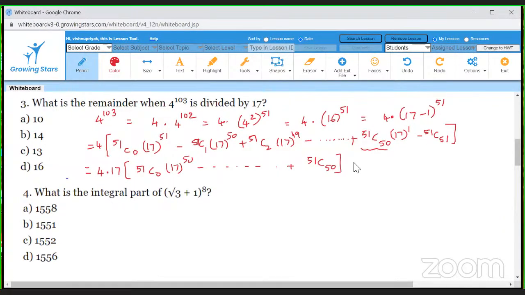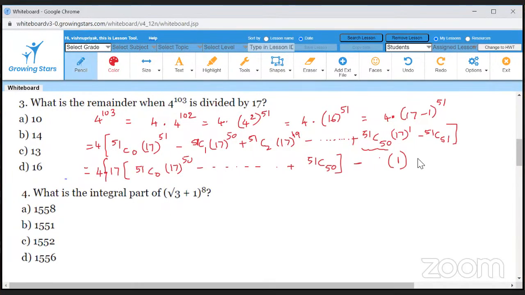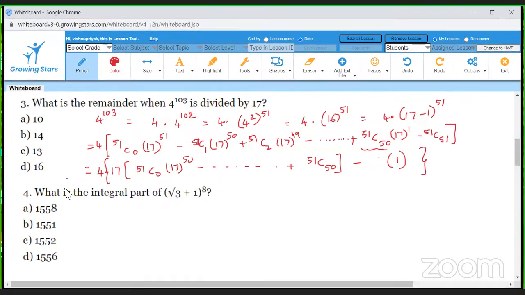The last term will be minus 4 into 1. This is what I have. Okay, 4 into 1, I can write here like this. Or instead of taking 4 separately for both, I can write 4 outside also like this.